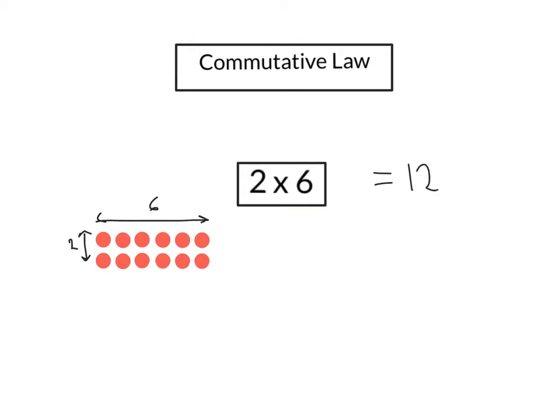But I also know that I can get that answer from doing the opposite thing. And what I mean from that is if I do 6, so let's have a go at this. 1, 2, 3, 4, 5, 6, and it's going to be 6 times 2 this time.